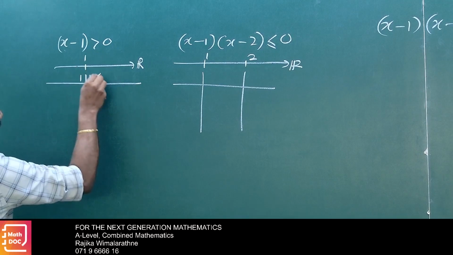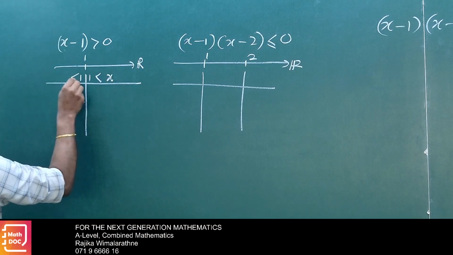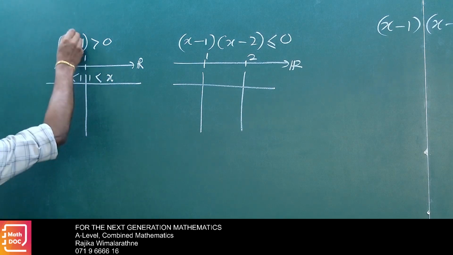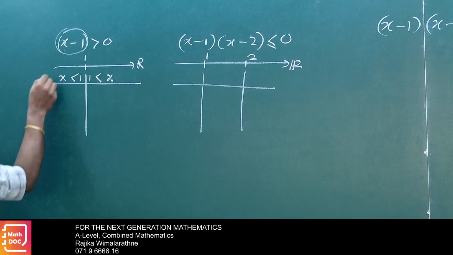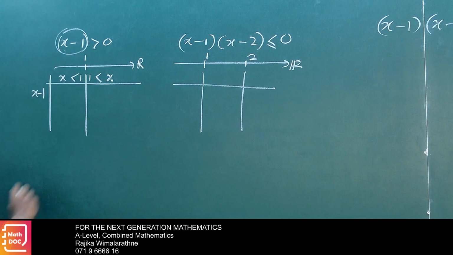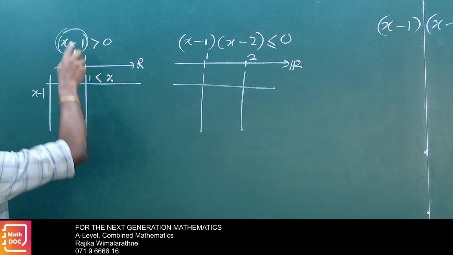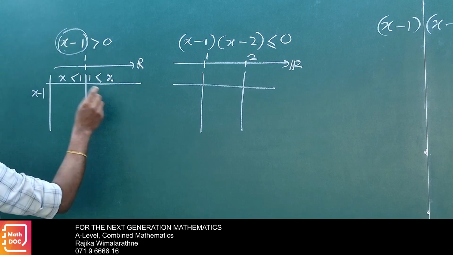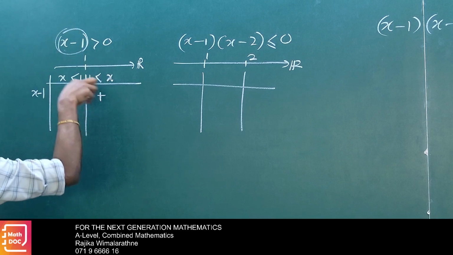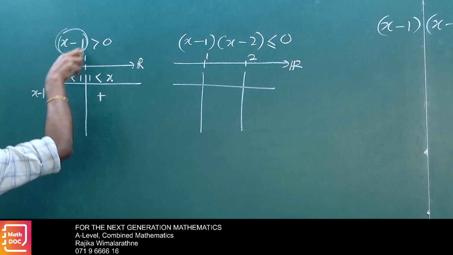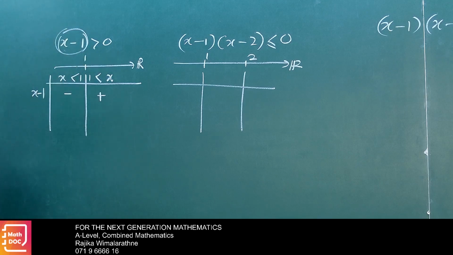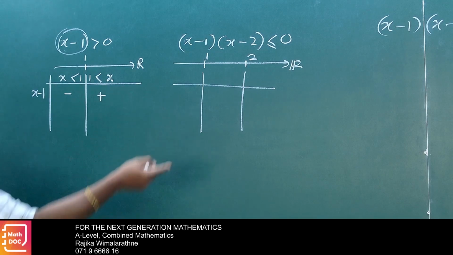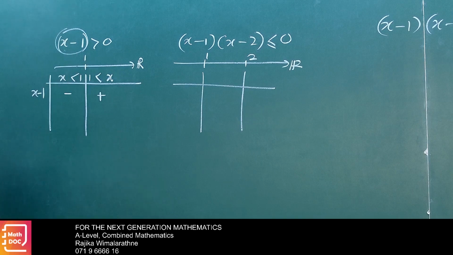Then values greater than 1, values less than 1. Okay. Now we have one factor. We write here x minus 1. For values greater than 1, you say this one is positive. Then for values less than 1, you say this factor is negative. Values greater than 1 means you take x equal to 2, 3, 4, substitute here and check the sign.